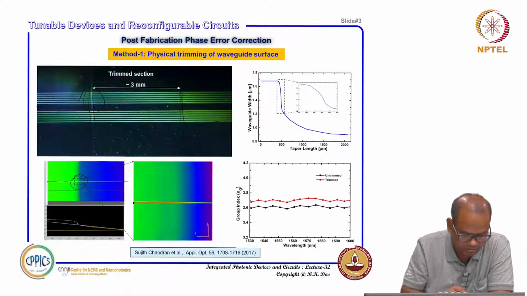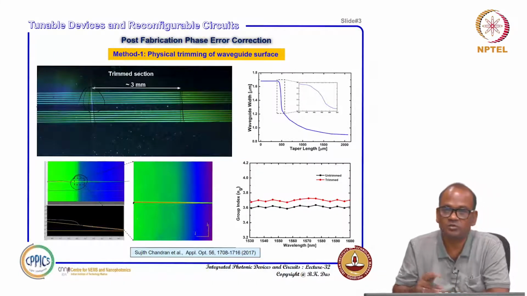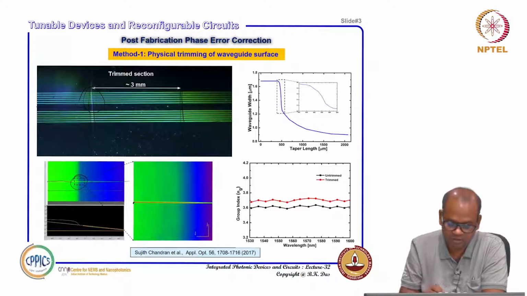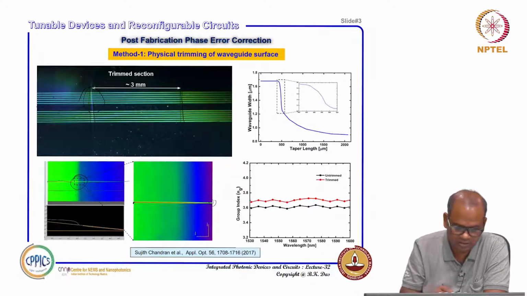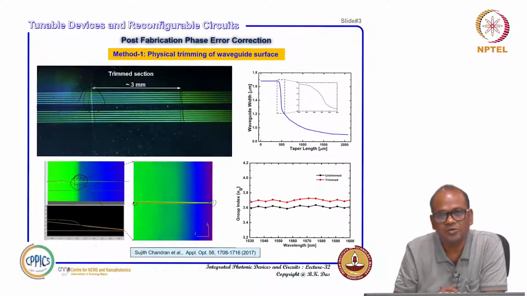There is just a step here, of course, because the plasma flux density suddenly increases, but still it is adiabatic. Several micrometers of length is sufficient for adiabatic shrinking of your mode size also. So you can get a lower dimension in this region and a higher dimension in this region. That is how you can control it.